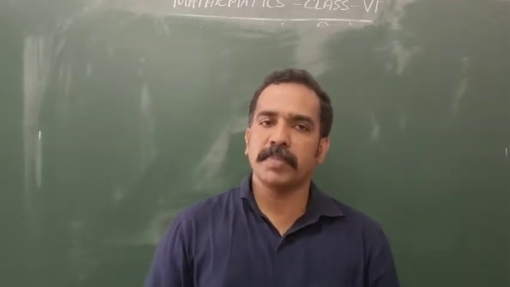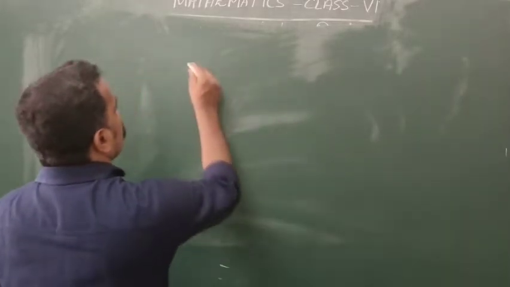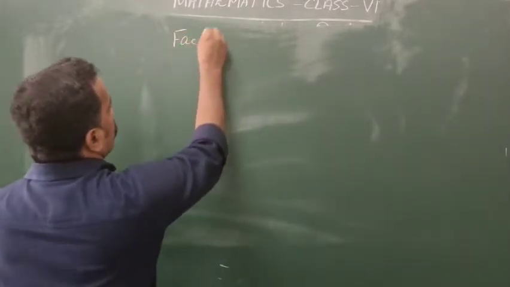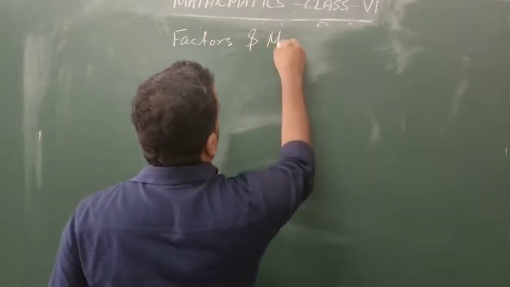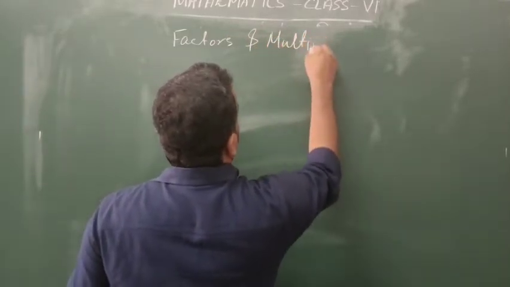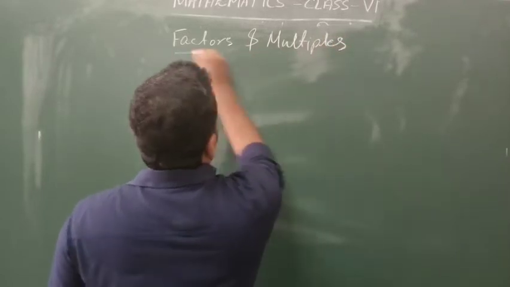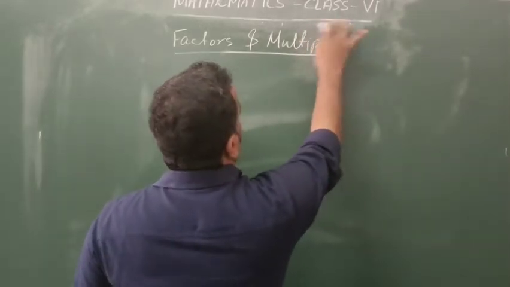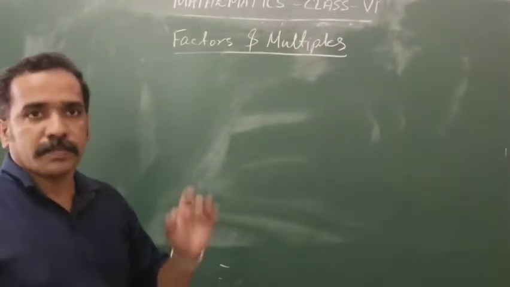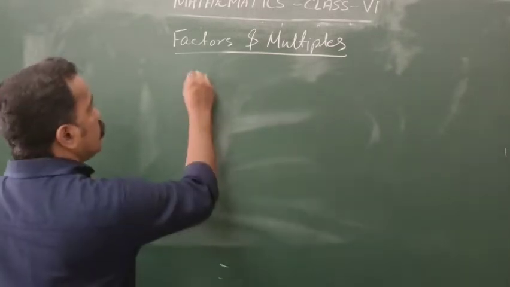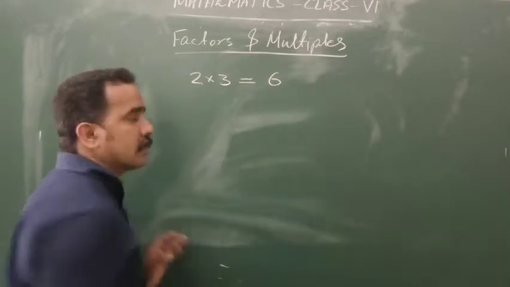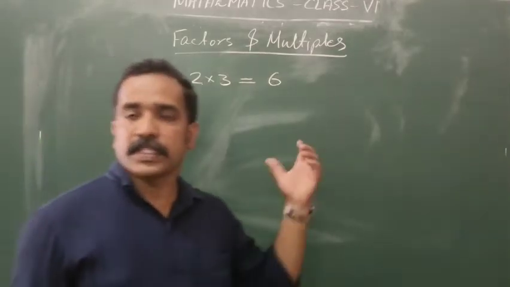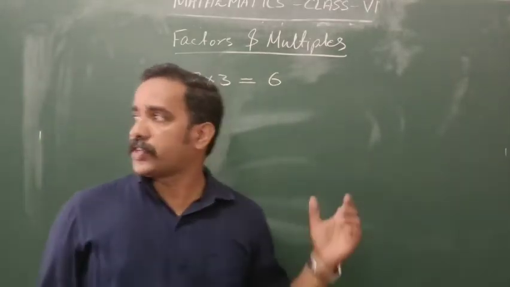I will give you a simple example. Factors and multiples. One simple example, let us see. 2 multiplied by 3 is equal to 6. This is a mathematical expression, a statement.